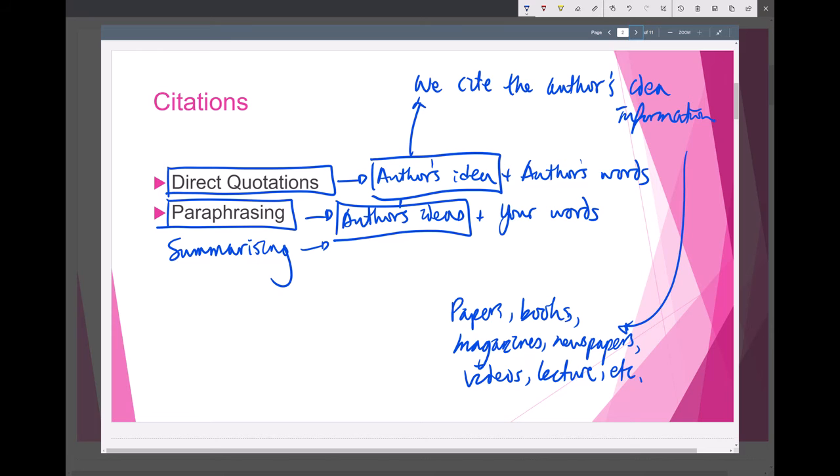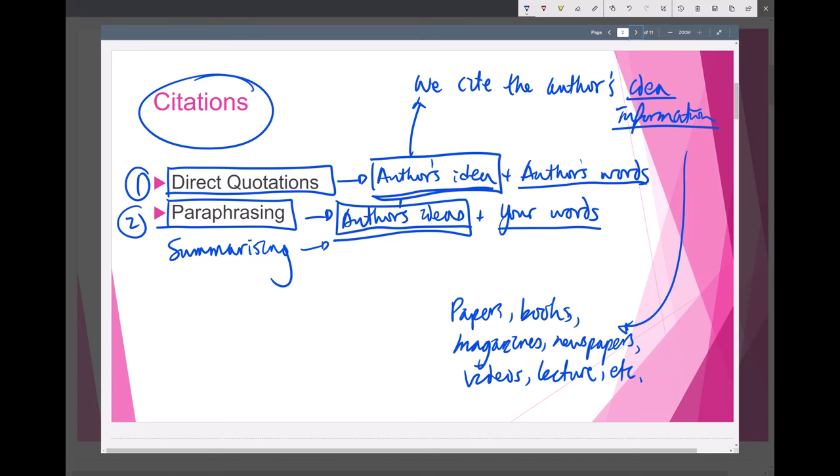So again, ideas and information, and we cite these. And the two ways we cite them, or 3, is 1, a direct quote, author's idea in their words. 2, we paraphrase, that's the author's idea in your words. And summarizing is also the author's idea in your words. Again, we focus on citing the author's idea.